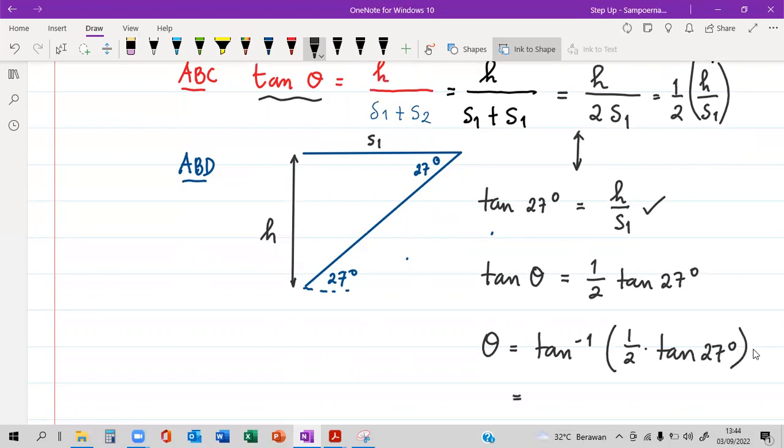Let us calculate using our calculator: arctangent of a half times tangent 27 degrees. The answer is 14.29 degrees.